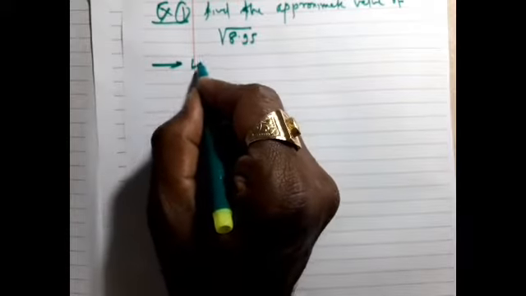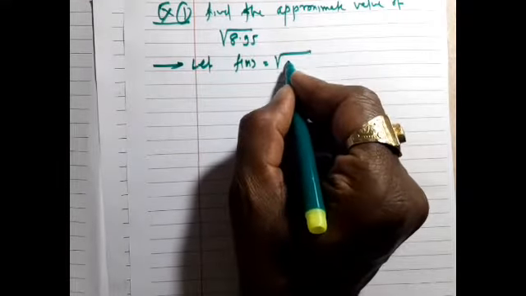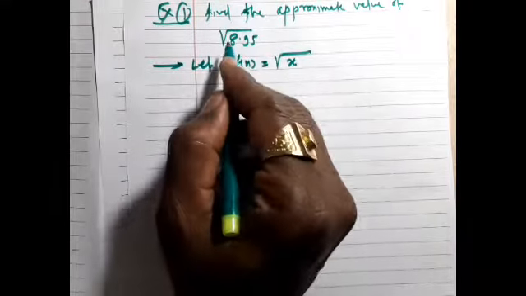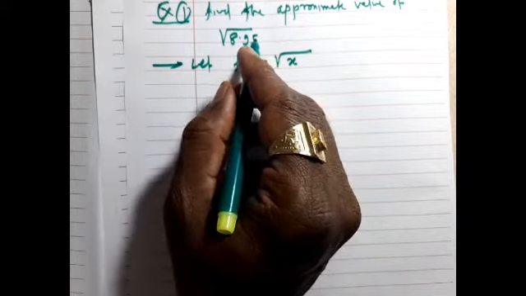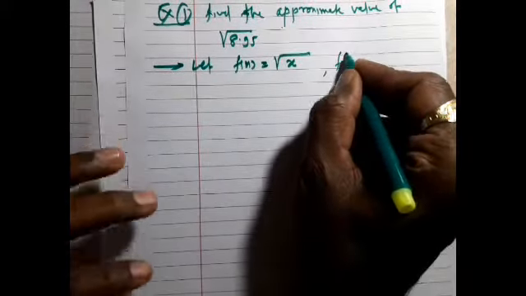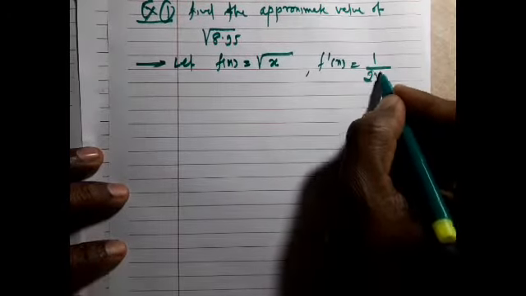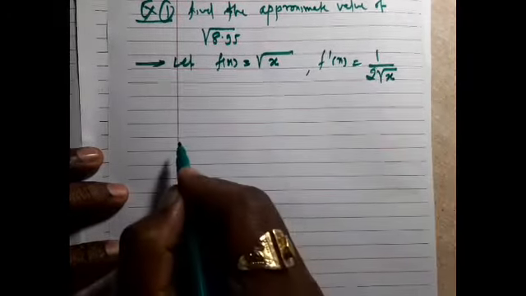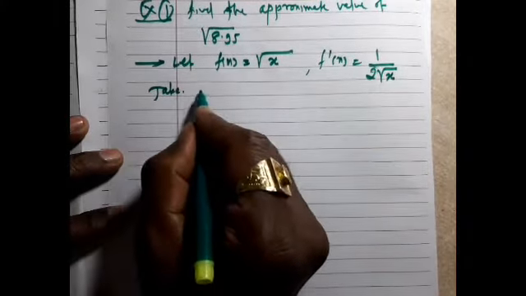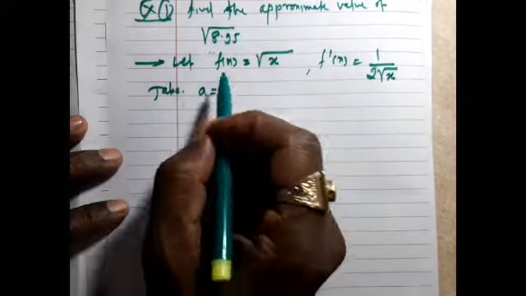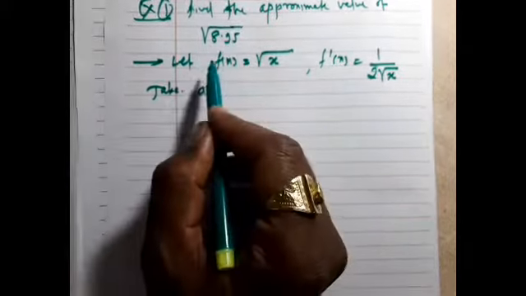So firstly we will define the function. Let f(x) is root of x. The function f is nothing but root, and the underlined word is x. Then f dash x is 1 upon 2 root x. Now take here a is, now 8.95 we have to find the square root.